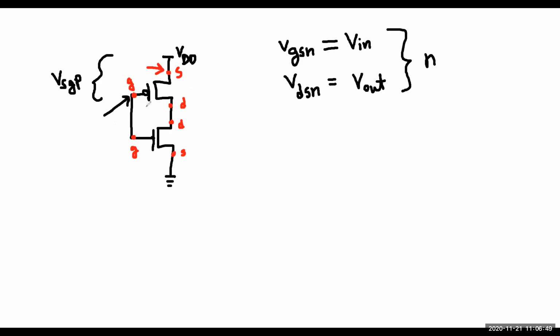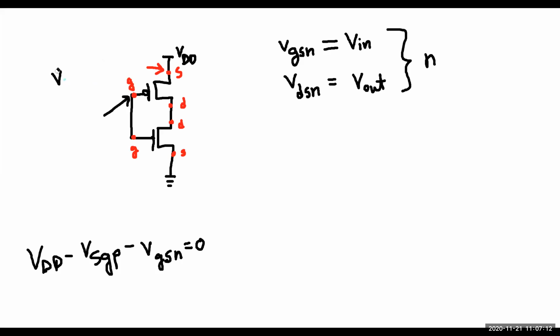Let's apply a KVL on this side. First you have VDD, then you have the voltage called VSGP, then the voltage called VGSN, then ground, that means equal to 0.